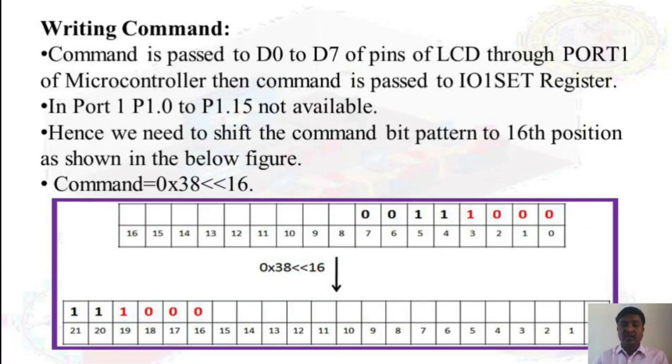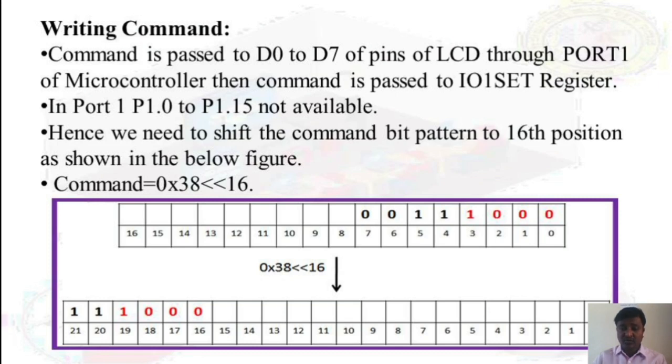While writing a command here, we are not going to use P1.0 to P1.15 because these pins are not available in port 1. So we have to shift 16 bits, from port 0.0 to port 1.16. In the diagram shown here, command 0x38 shifted left by 16 means the red values are written at the port pins, 0 0 0 1 1 1 0.